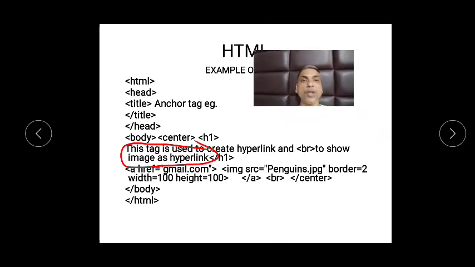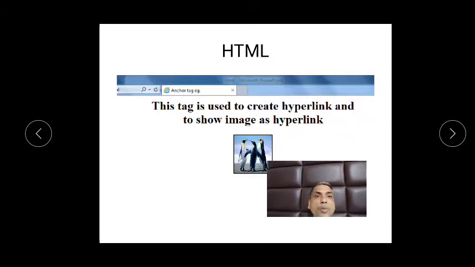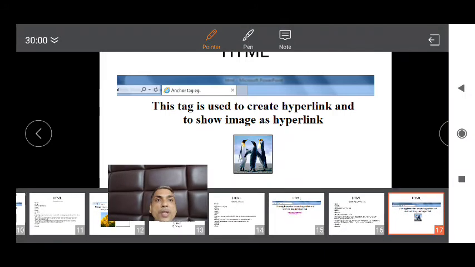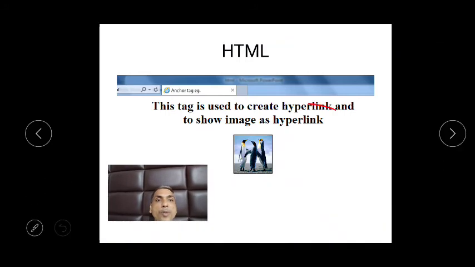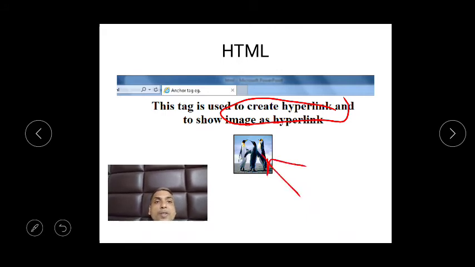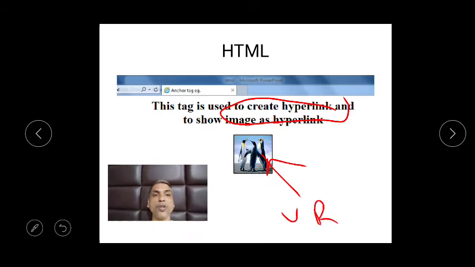Now after this let's check the output. Remember that in this case the output, very important thing, is image as hyperlink, and if you click on this image, you will go to whatever URL is mentioned in the href.